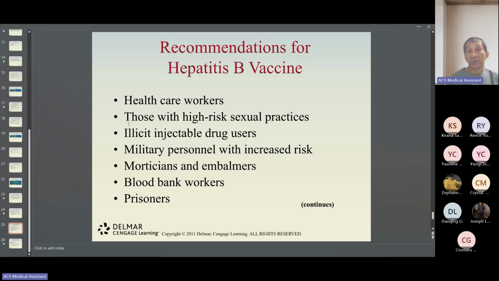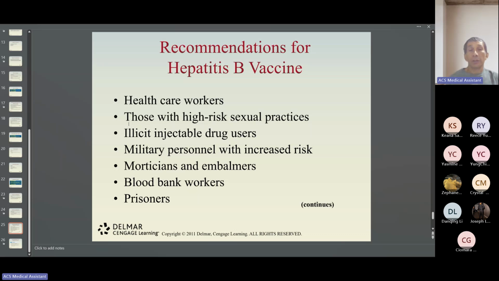So you have to have 3 different shots to be immunized. If you get the first one and you miss the second one, you're not immunized. Get the first one, the second one, you didn't get the third one, you're not immunized. So you're at risk of contracting hepatitis B.